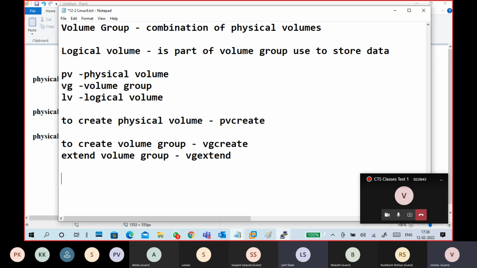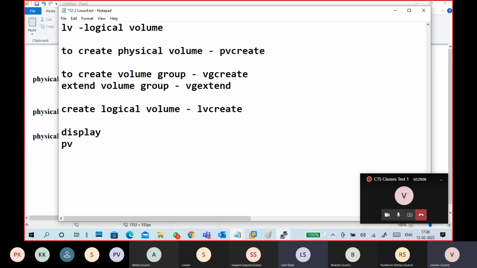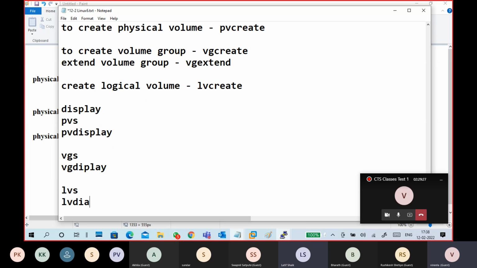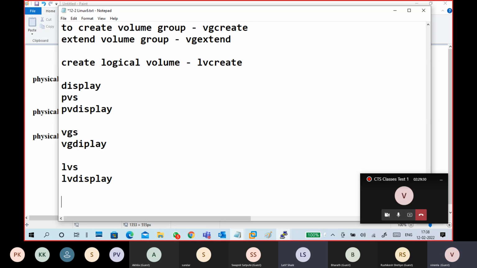To create a logical volume, lvcreate. Display commands are also there: pvs and pvdisplay, vgs and vgdisplay, and lvdisplay. These are display commands to see the things. Of course, the remaining part is partitioning and so on. We'll do it.